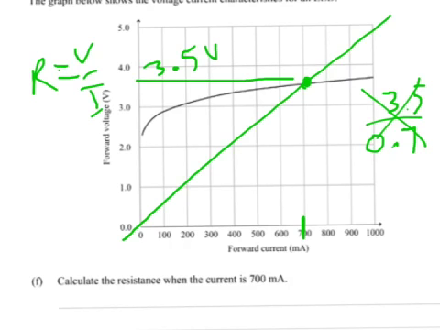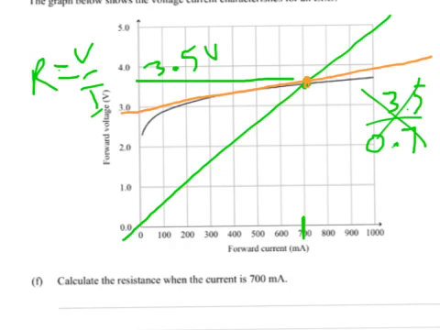This one, we actually have to take the gradient at this point, which is roughly there. So we draw a tangent to the line, which is what the gradient is at that point, and then we do the rise over run for that.